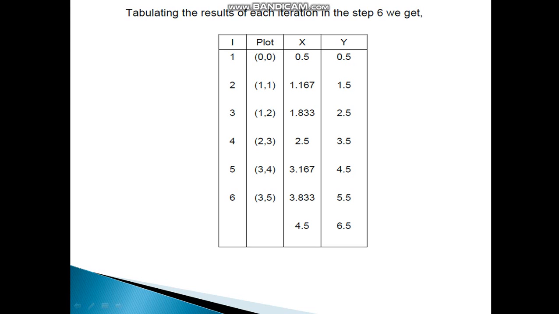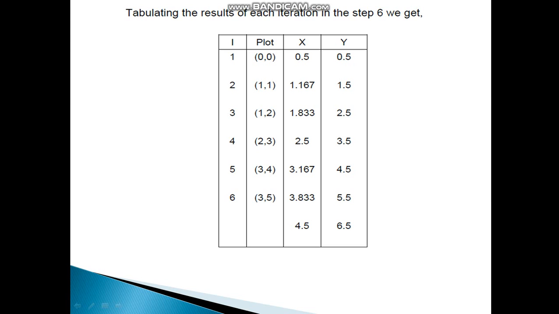Then next is 1 2, 2 3, 3 4, with 3.167 and 4.5 giving 3 and 4, and then the 6th step is 3 and 5. We plot the 3 5, where x is 3.833 and y is 5.5. Here is the end point, that is 4.5 and 6.5.